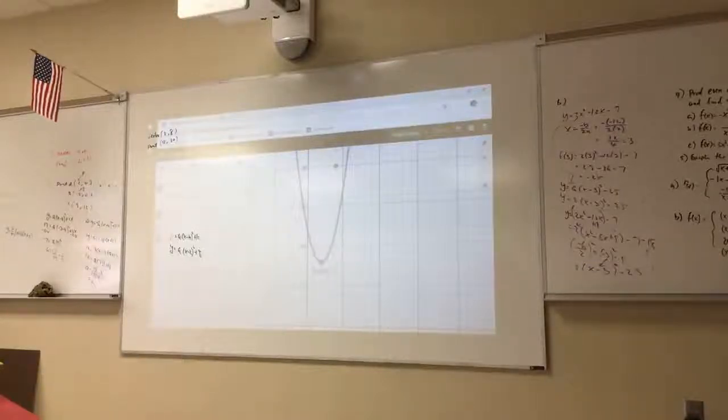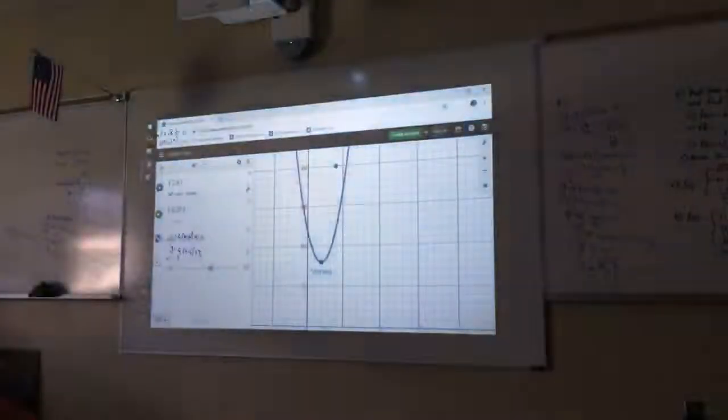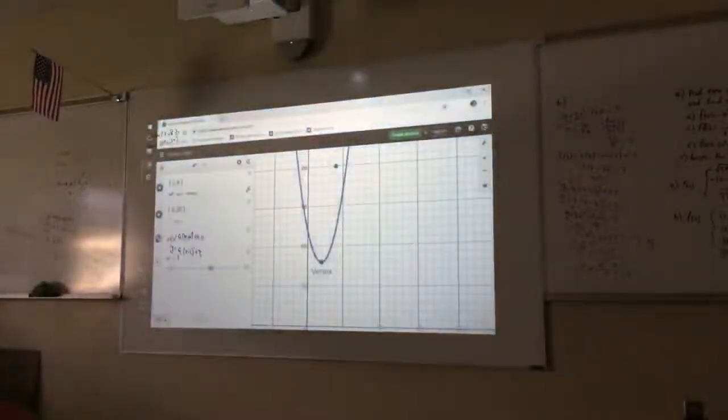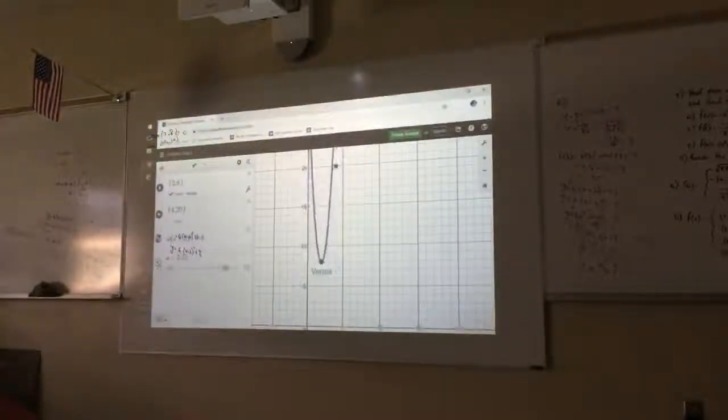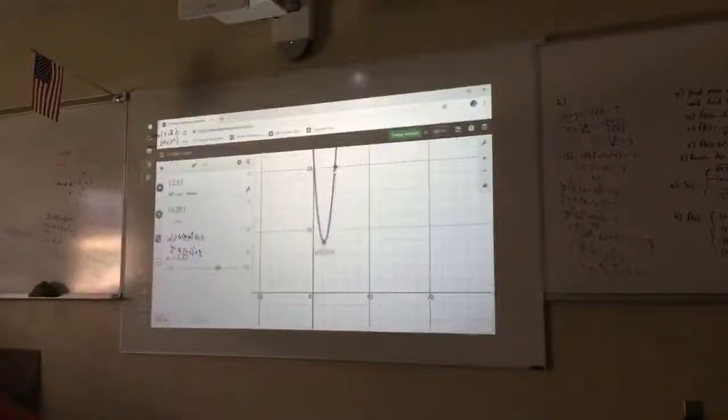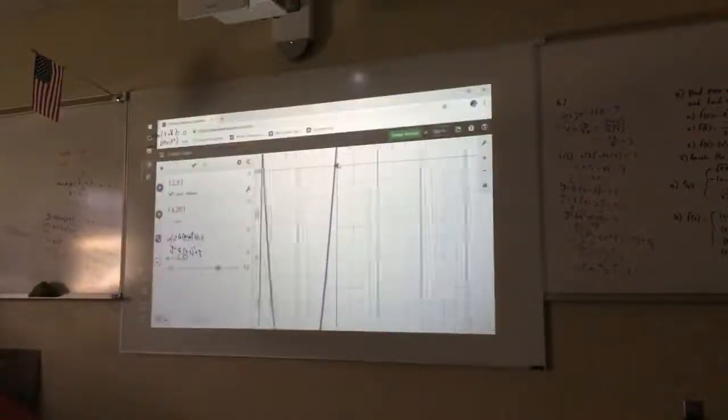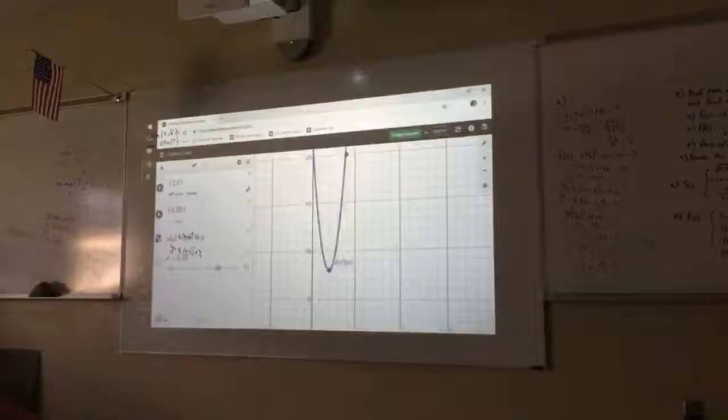So we know the parabola is probably facing up, but we don't know what the a value is. The a value is a range of different values, so we're going to show you the range of different values here. We're going to play the slider a little bit and let it run, and we're going to see when the one point is almost touching. See that point touching? Roughly right here, but if I zoom in, it's not really touching. So the a value could change.